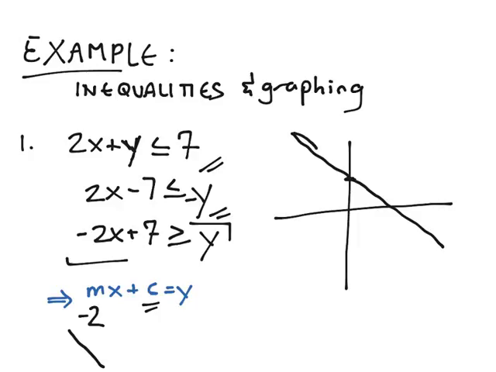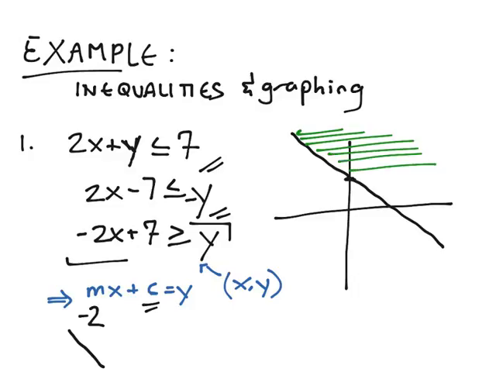And to satisfy the inequality, we have to find the region of xy points for which this inequality is true. So, since we have that -2x plus 7 is greater than or equal to y, our region will be to the right of the line, and it will also include the line because it's greater than or equal to.